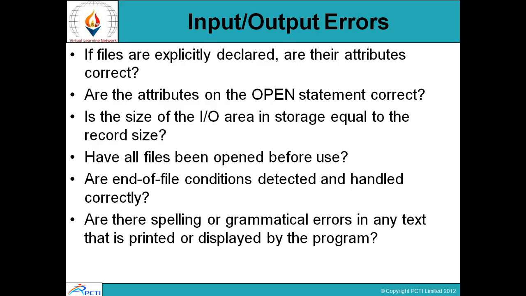Are end of file conditions detected and handled correctly? Are there spelling or grammatical errors in any text that is printed or displayed by the program? So these are the kinds of errors where the user gives some input and correspondingly gets the output; improper mistakes like these can cause input output errors.